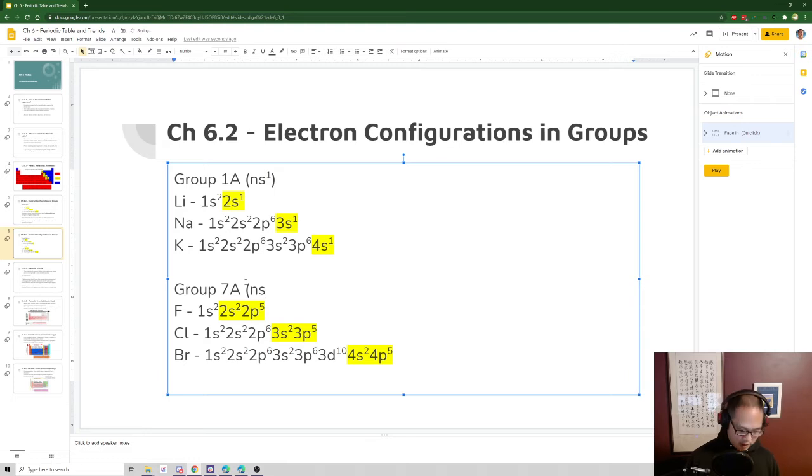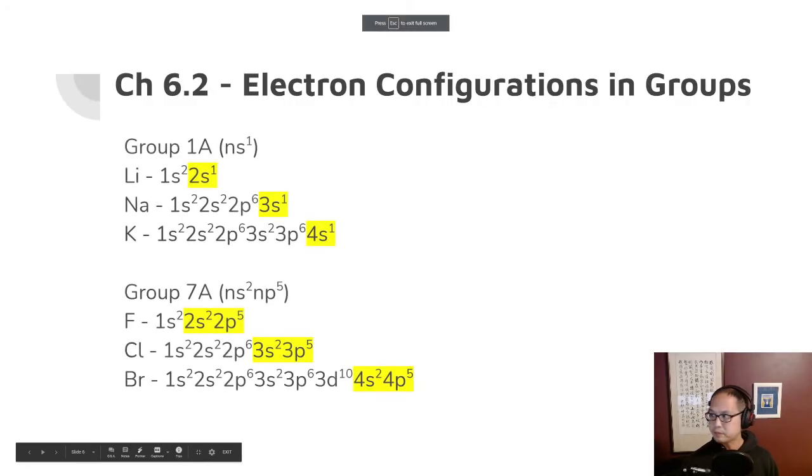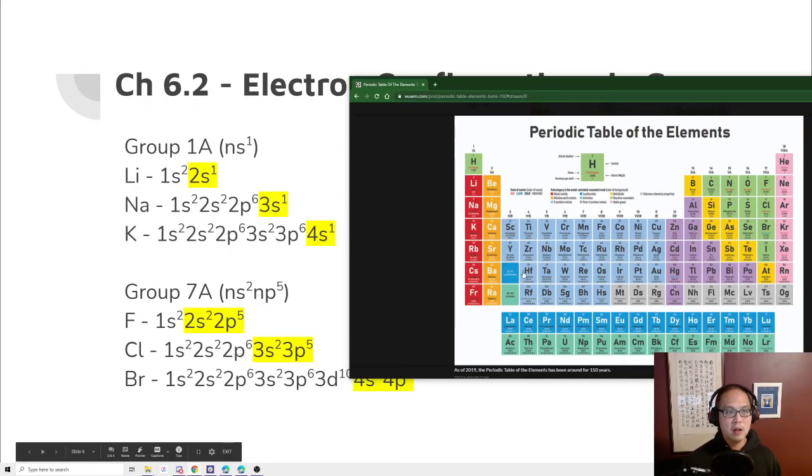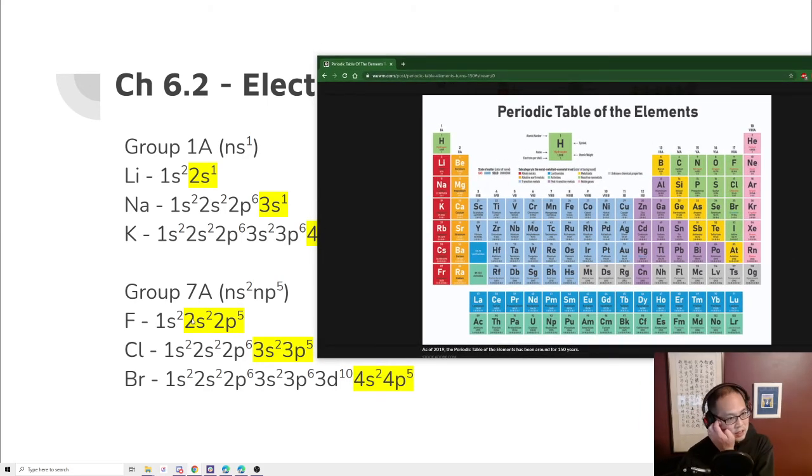What about group 7A? That's going to always end in ns2, np5. So let's take a look at the periodic table again. It's going to end in ns2, np5, where n is the outermost energy level.